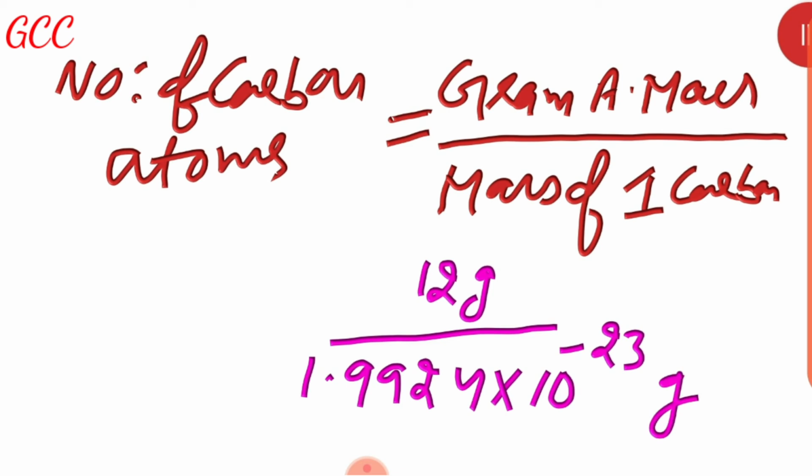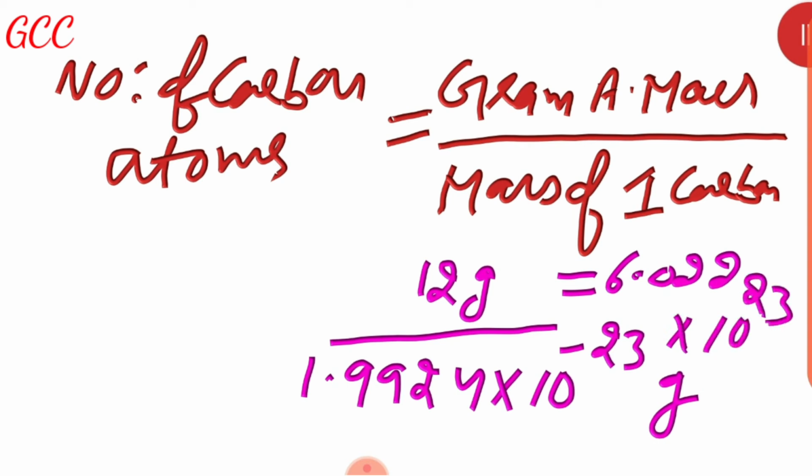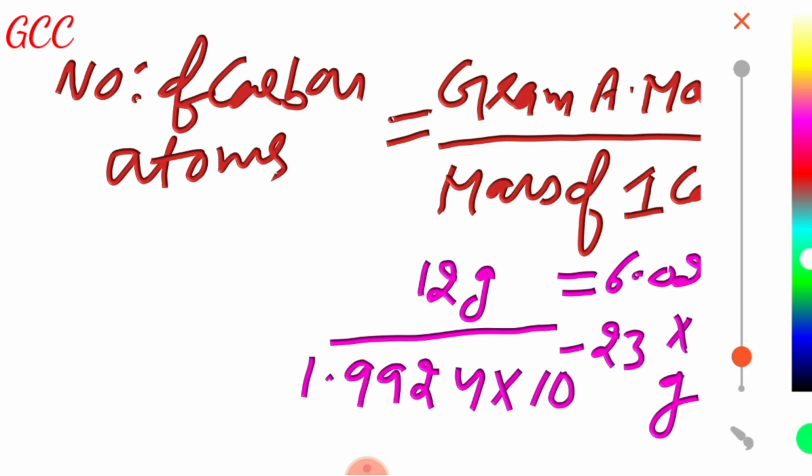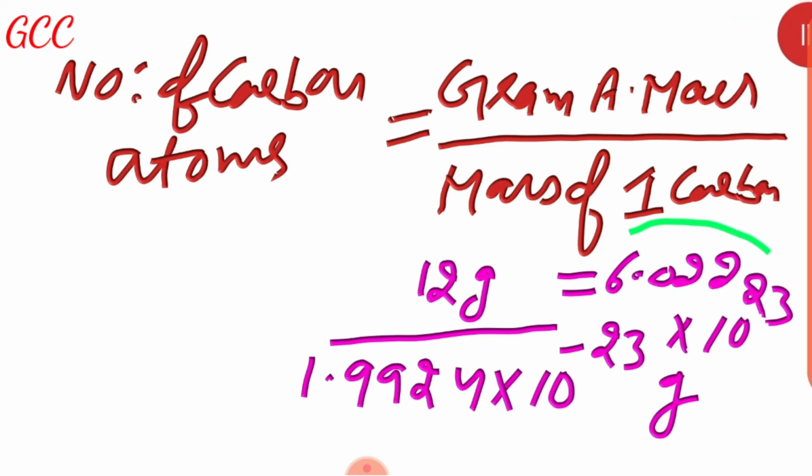And what answer do we get after solving this? I am getting 6.022 × 10^23 carbon atoms. Is that clear?